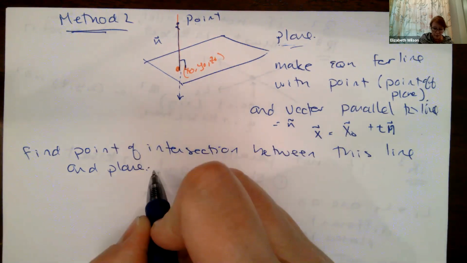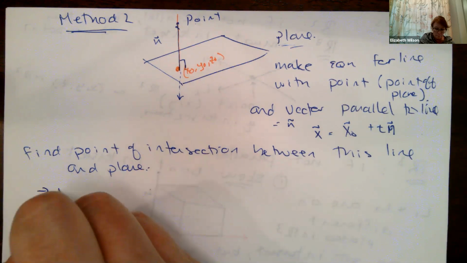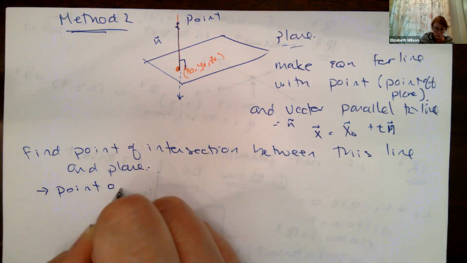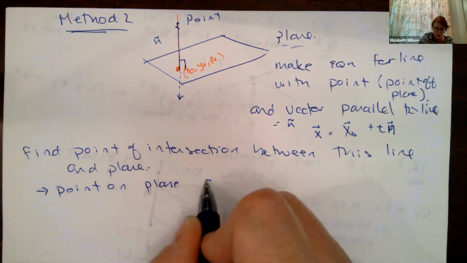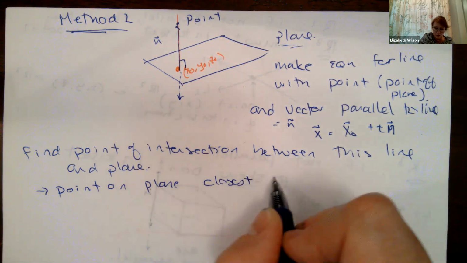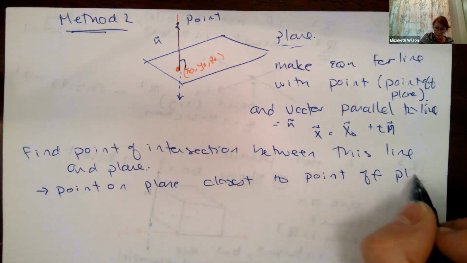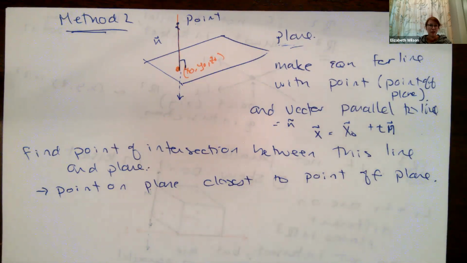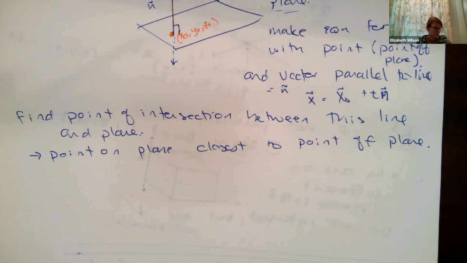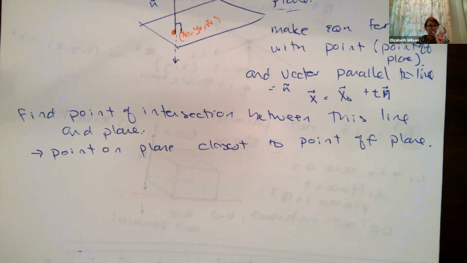So now this will give me the point on the plane closest to the point off the plane. Then to calculate their distance, the closest distance is now just going to be the magnitude of the difference between those two points.